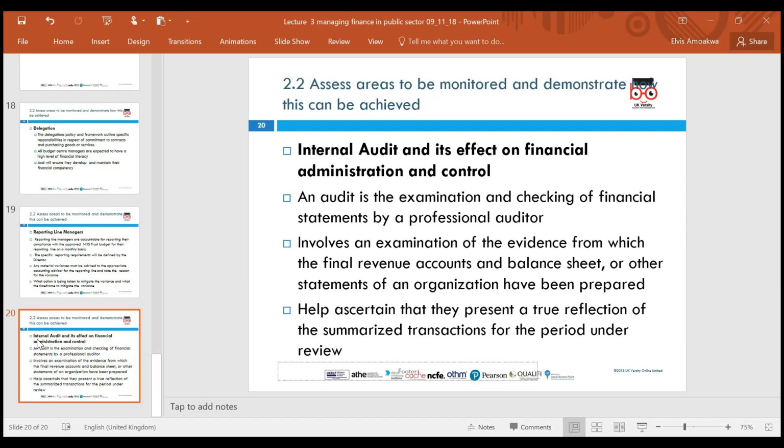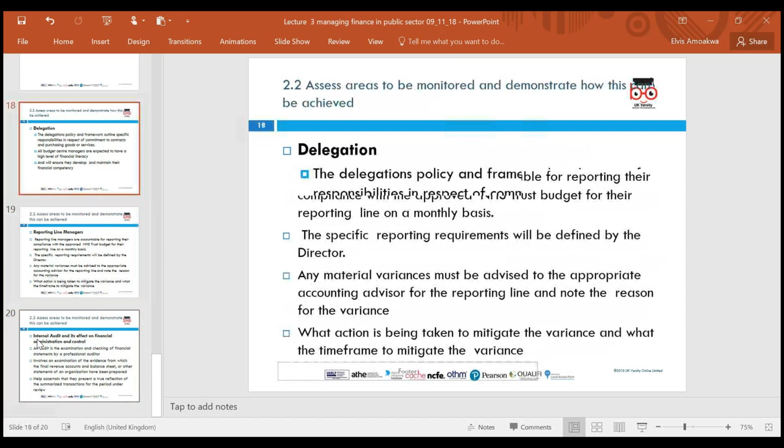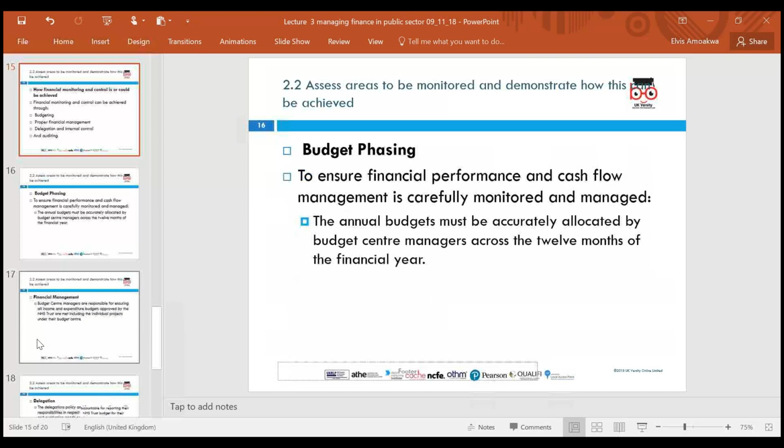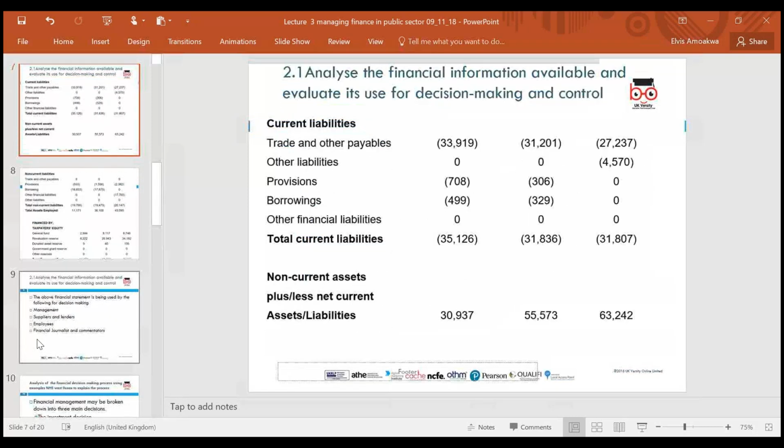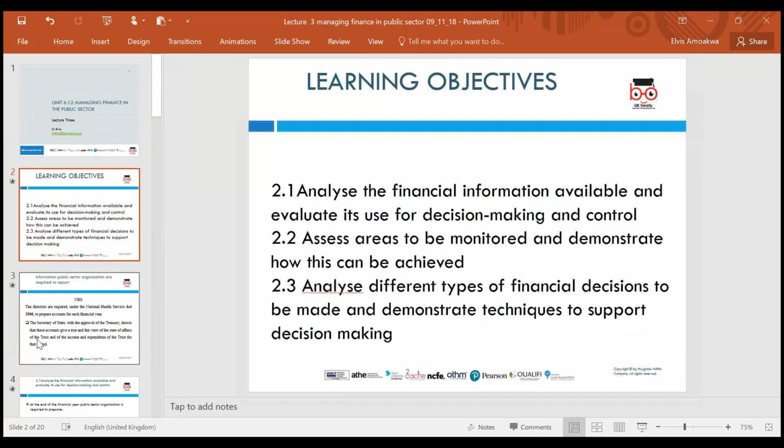If you have any question up to this point, please ask me. If you want me to go back to any of the slides, I will just go back and then we'll see what can be done. So we've briefly covered learning outcomes 2.1, 2.2, and 2.3: how we will be able to analyze the financial information available and evaluate its use for decision making.